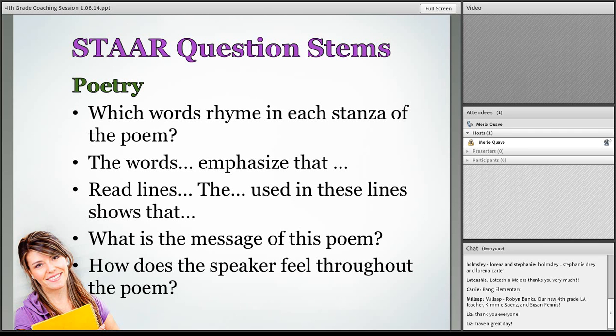They're understanding what rhyme is, the stanza, etc. But the rest of them, where it's the words blank, emphasize that blank, read these lines, whatever was used in these lines shows that. What is the message? How does the speaker feel? All of these things require the students to not only be able to navigate through a poem, but be able to understand it and analyze it and make inferences.